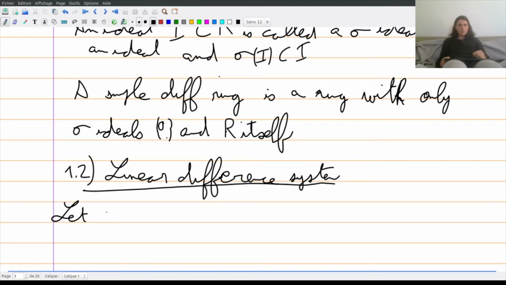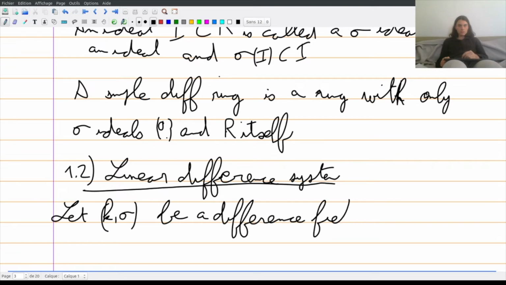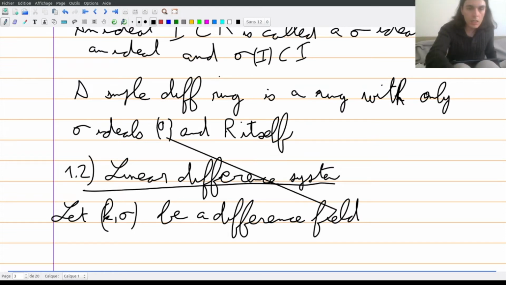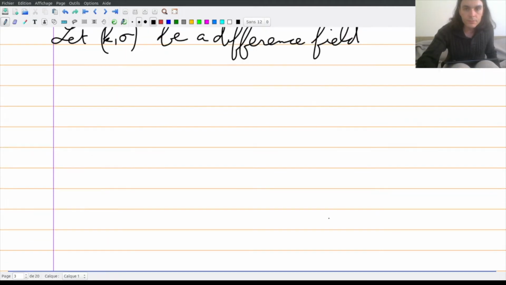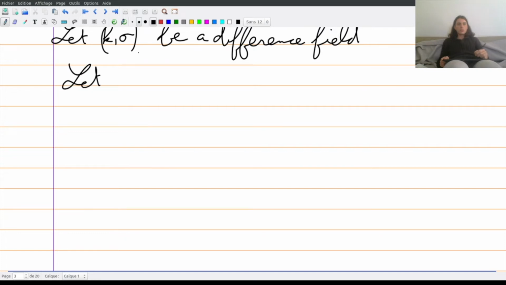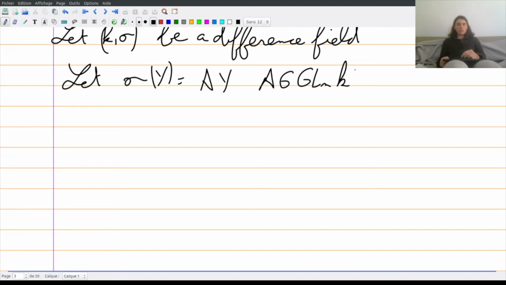So let (K, sigma) be a difference field, and let sigma of y equals A times y, with A having coefficients in K, be a difference system.